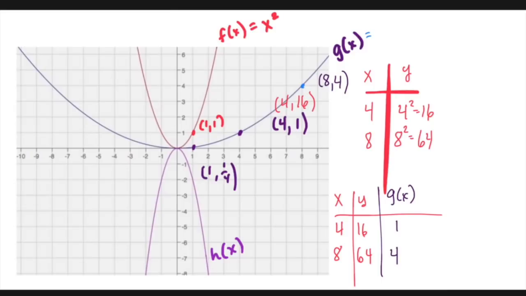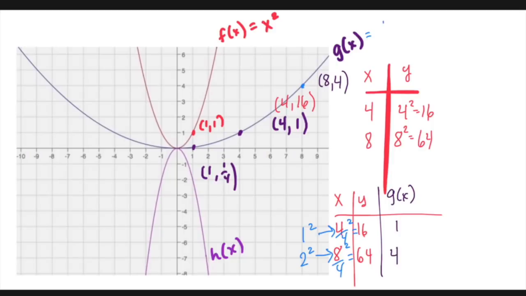And so when I start comparing these two, what I'm noticing is that there is a big change. So what could be happening is that before I actually square the x, I could be dividing that x by something. And so I start thinking about what that something could be.